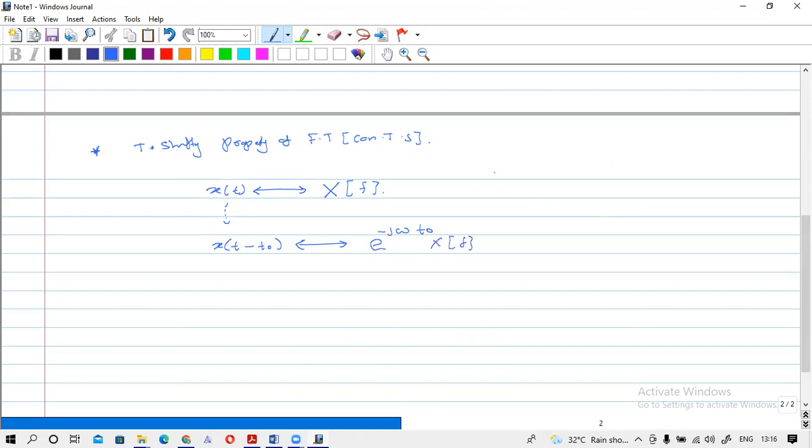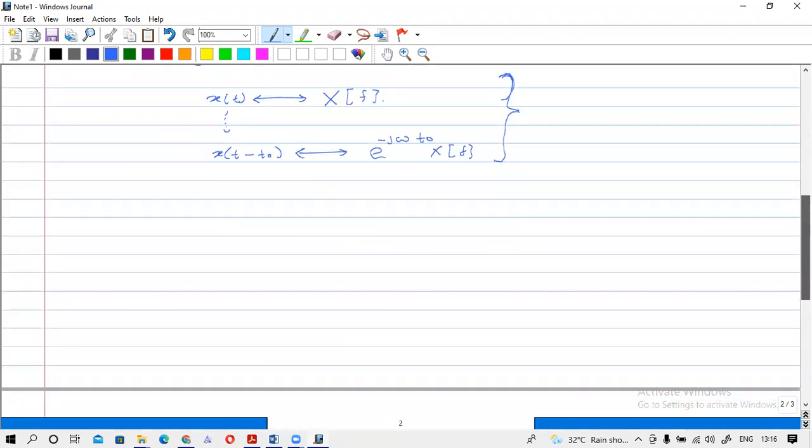So this is the time shifting property of Fourier transform for continuous signal. We have to use this property to evaluate that question.